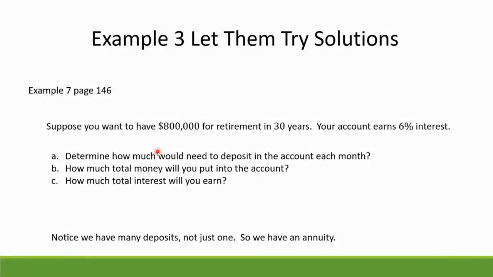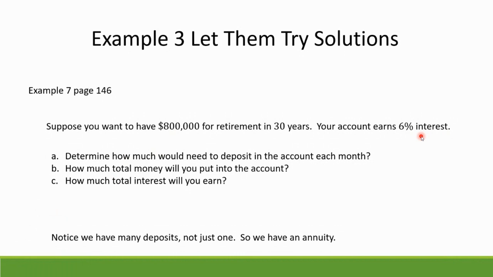In this case, we want to have $800,000 in retirement, in 30 years. So we want to have that much in 30 years. And in this case, the account is earning 6% interest.